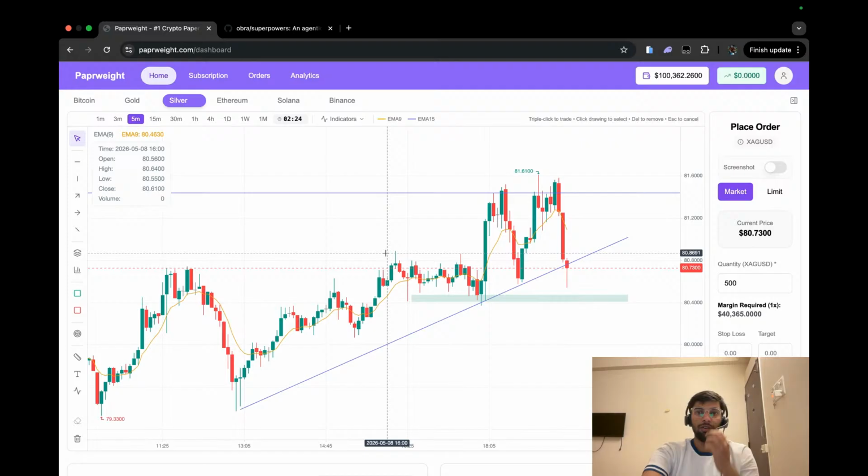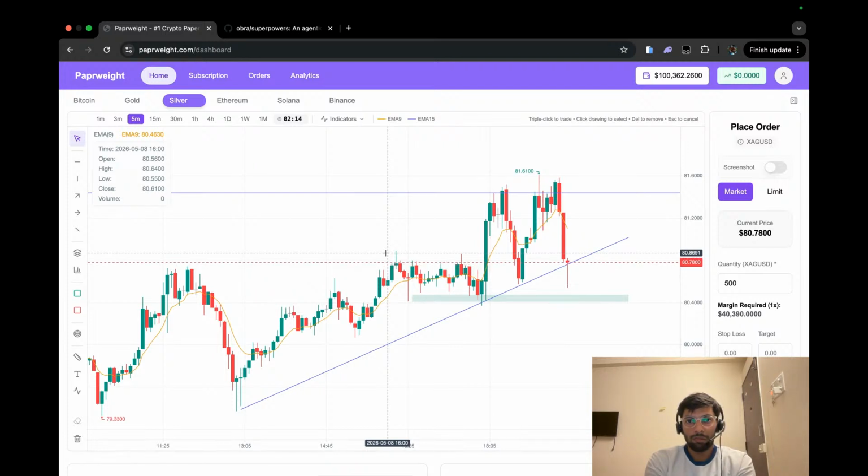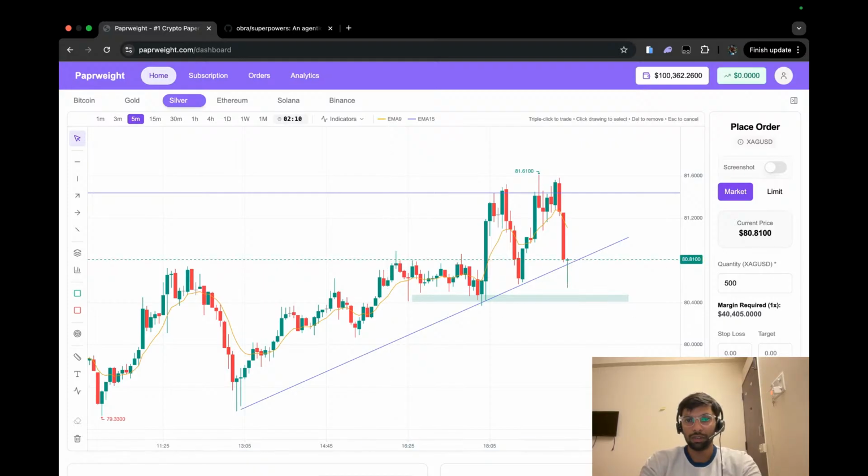Let's wait for the candle to close. So this can be treated as a false breakout as well. 2 more minutes to close this candle.